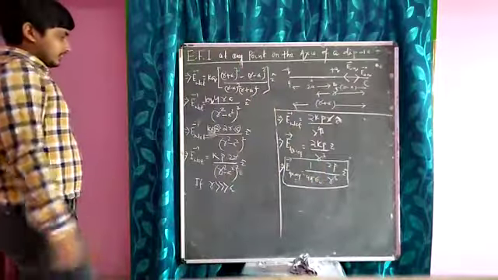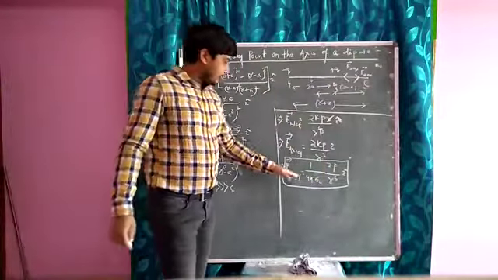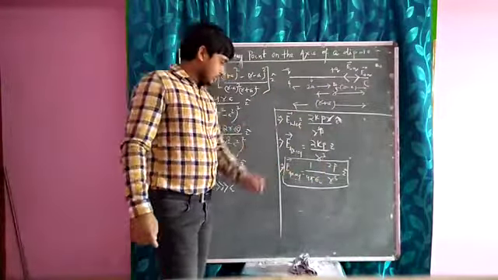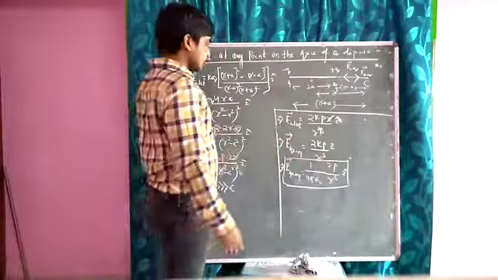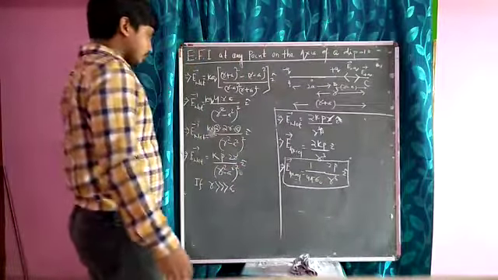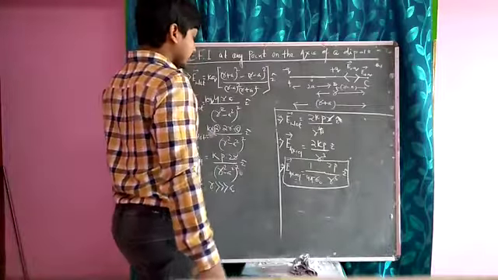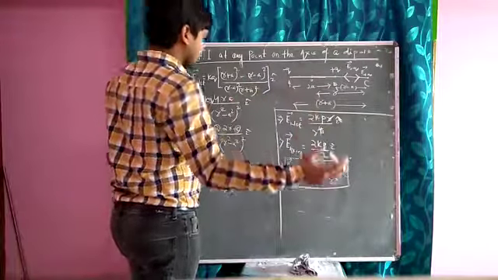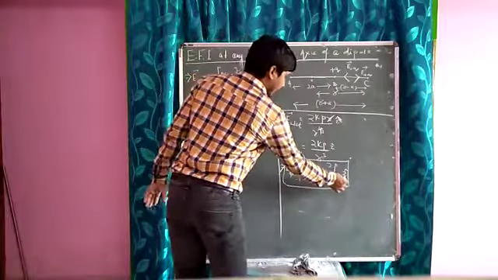Is it clear? Students, remember that here you can see that the direction of the net electric field along the axial line and the dipole moment P vector, the direction is same because we know that the electric field is always directed from positive to negative and it is coming along I cap.